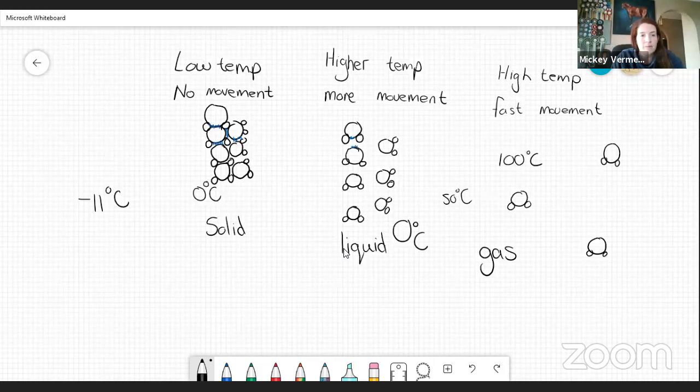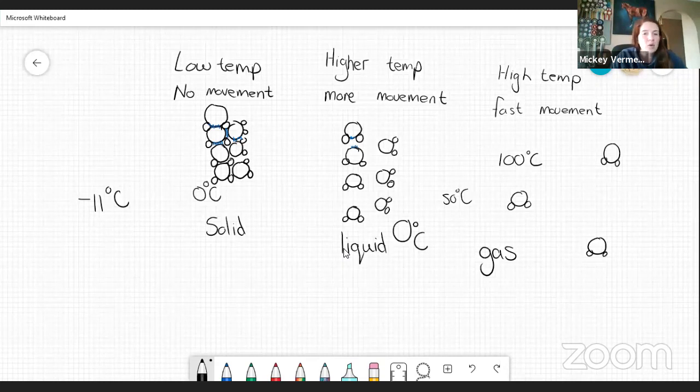Now, when the liquid gets to 100 degrees, the liquid is moving so fast that it needs to become a gas.